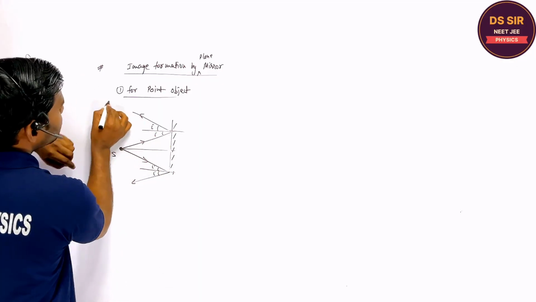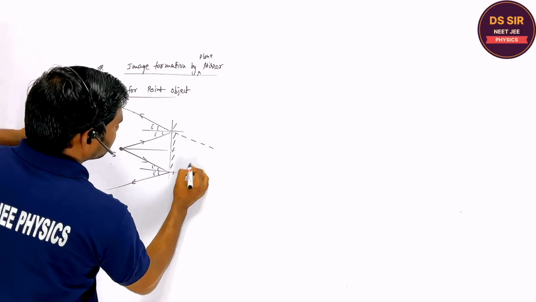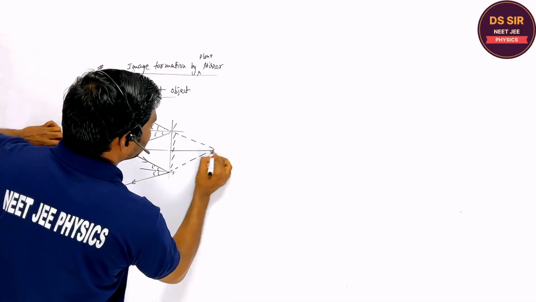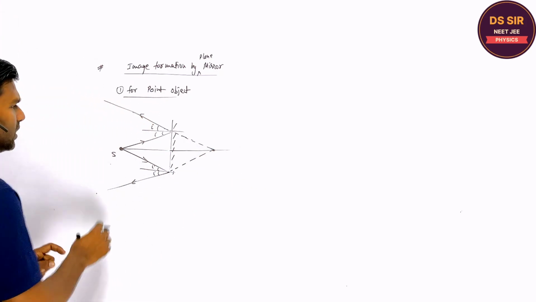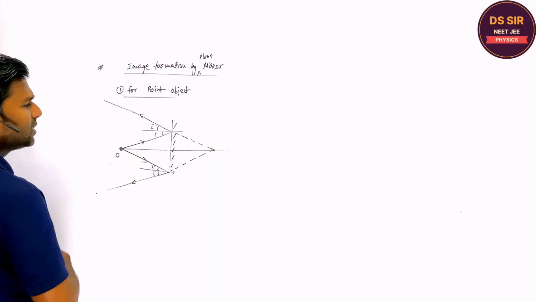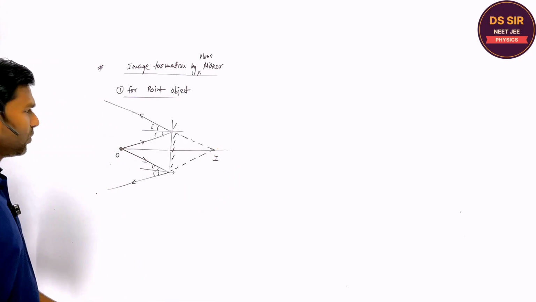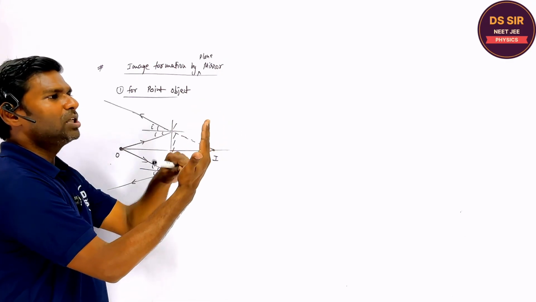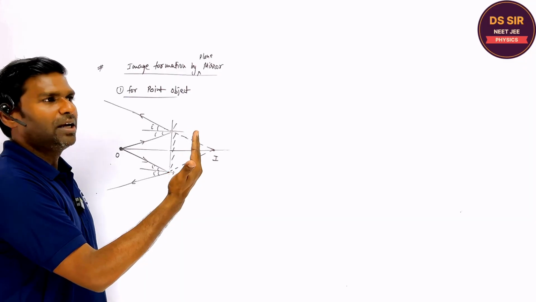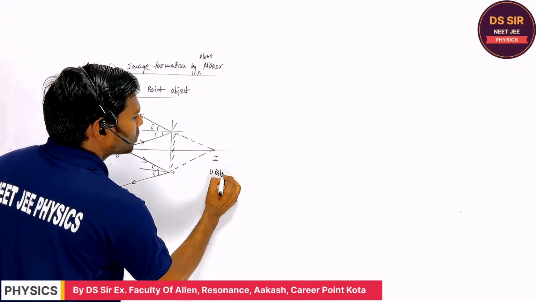When these reflected rays are extended behind the mirror, they appear to meet at a point. This is the object, so this is the image. For example, if you are standing in front of a mirror, you will see your image behind the mirror, and that image is a virtual image.